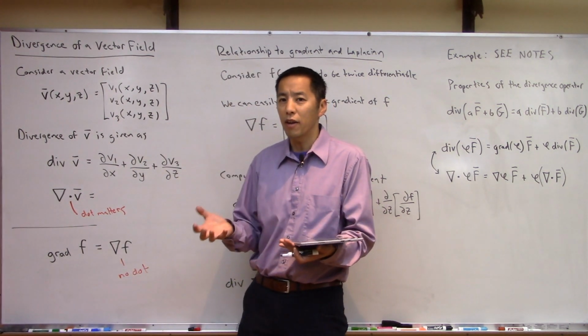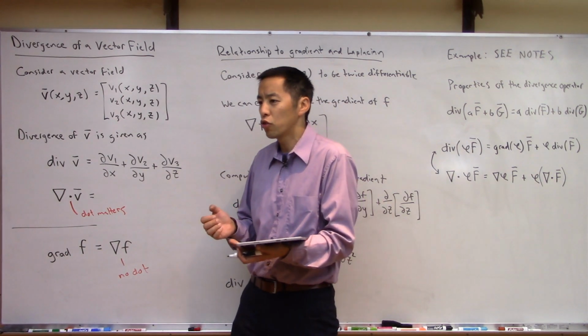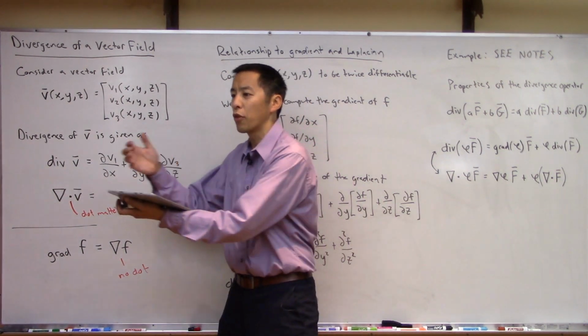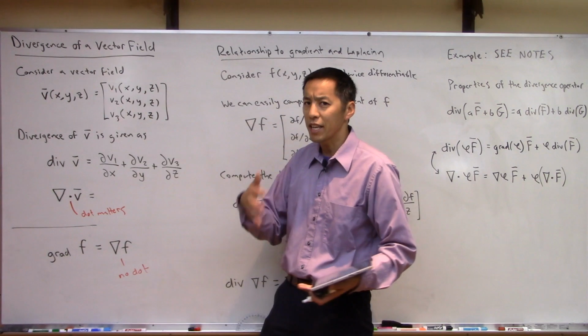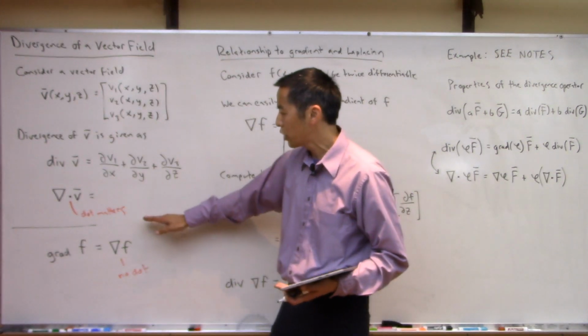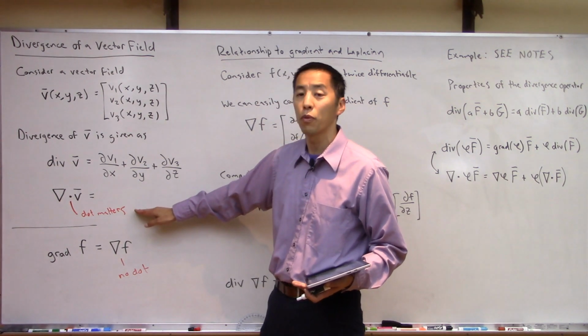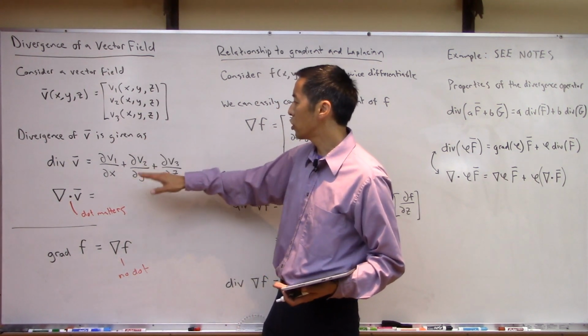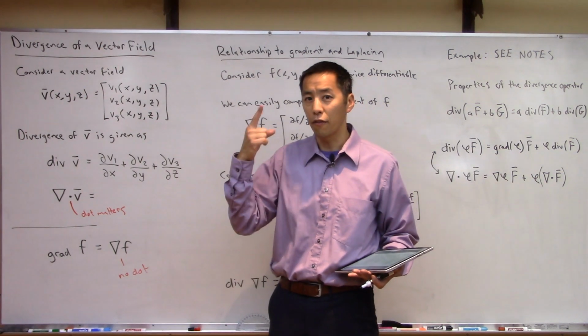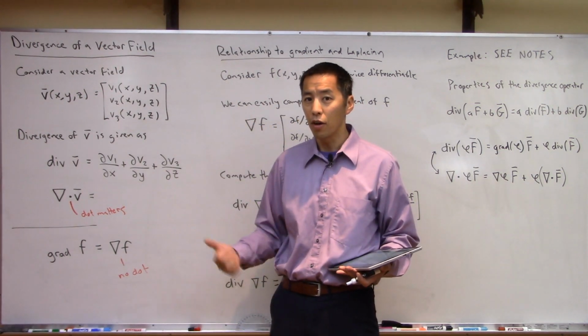So inherently, it would kind of go clang. You couldn't try to do one operation on the wrong type of object. And again, we'll summarize this a little bit later, but I do want to just draw that to your attention again. So you've got to be a little bit careful with the notation, okay? But again, divergence just means take some first partial derivatives and add them all together, okay?